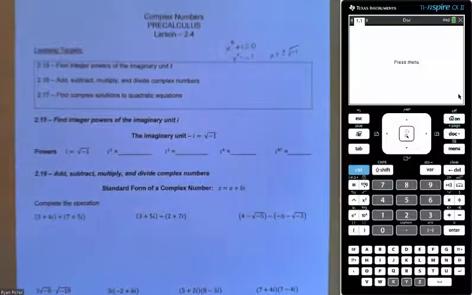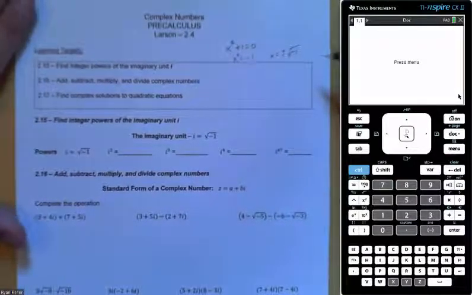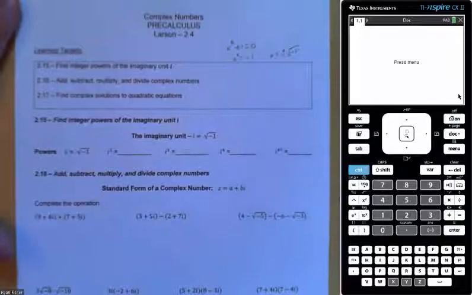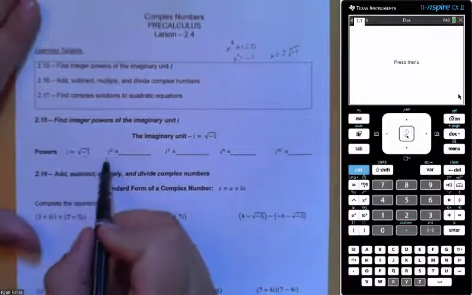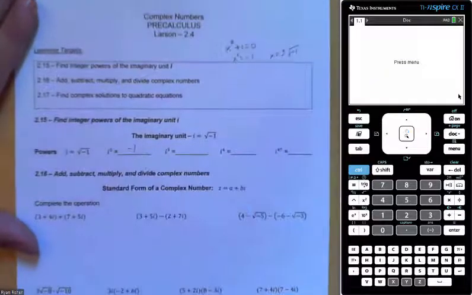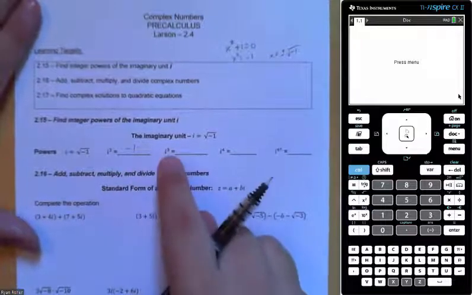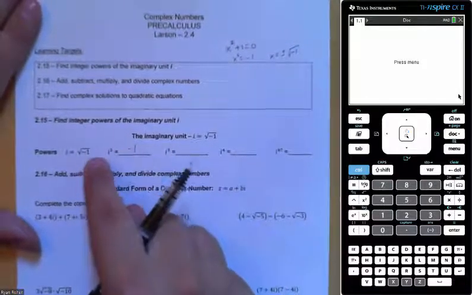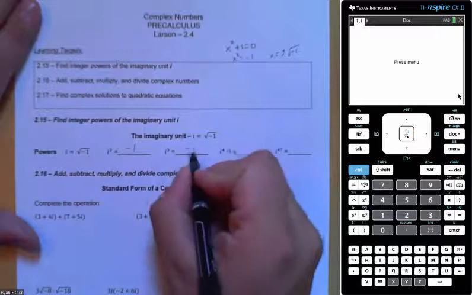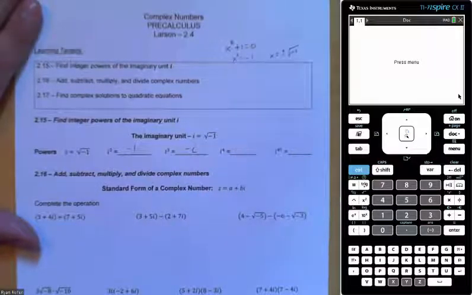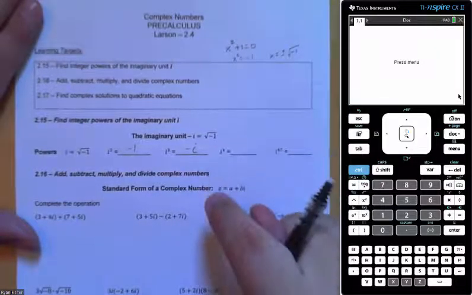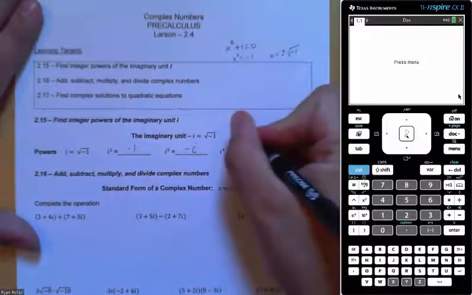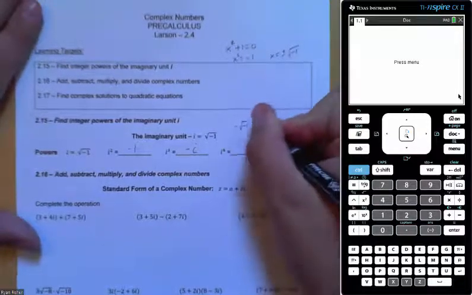In that event, this sort of number behaves much like you would think it would. If i is equal to this root negative 1, then if you square that, you obviously get negative 1. If you do it again, you get negative 1 times the square root of negative 1, which is minus i. And if you do that again, you get minus the square root of negative 1 times the square root of negative 1.